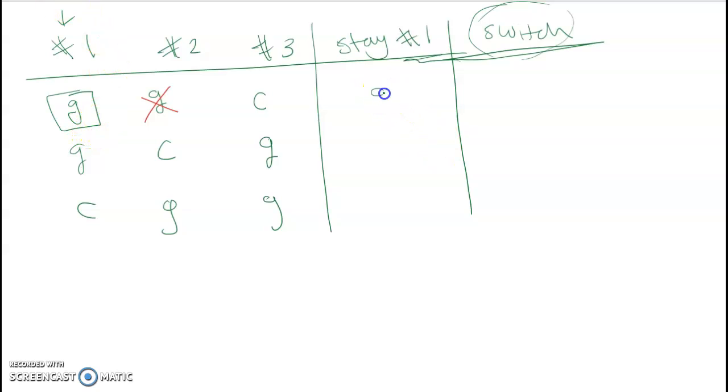Staying would result in the goat. Switching would result in the car. So this would have been a good move to switch.